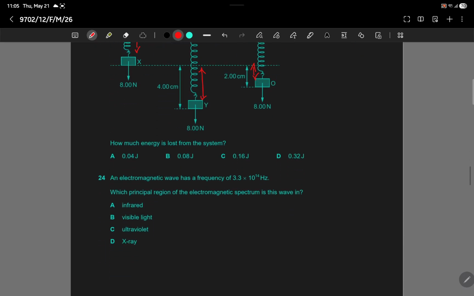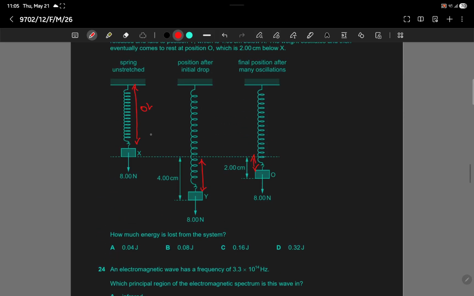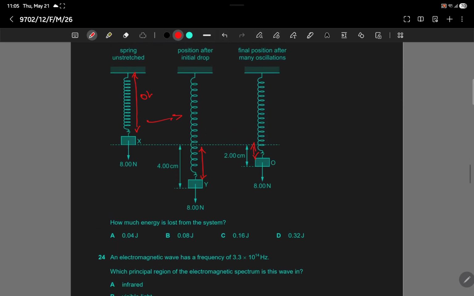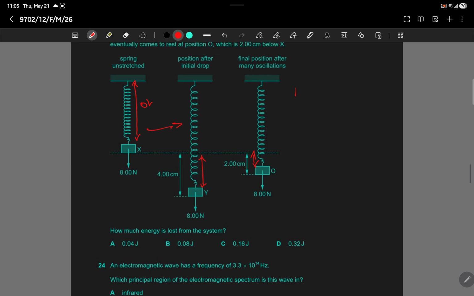So how much energy is lost from the system? From here to here, it's extended, so elastic potential energy is half Fx.